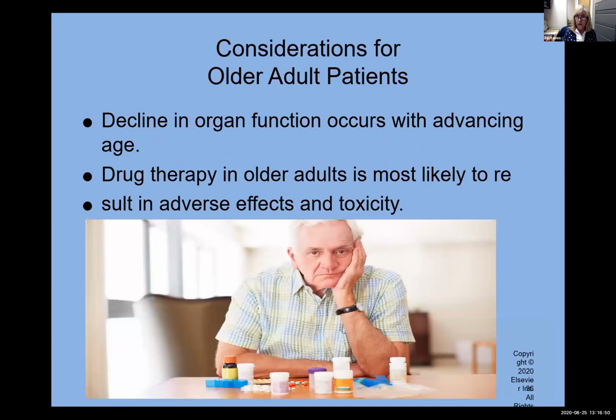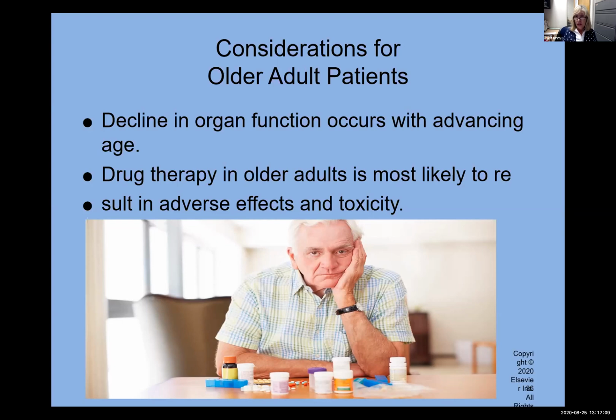And then we have older patients. Older patients are defined as anyone that is 65 years and older. And we see certain things with older patients that we really want to watch for as nurses. One is that organ function declines.